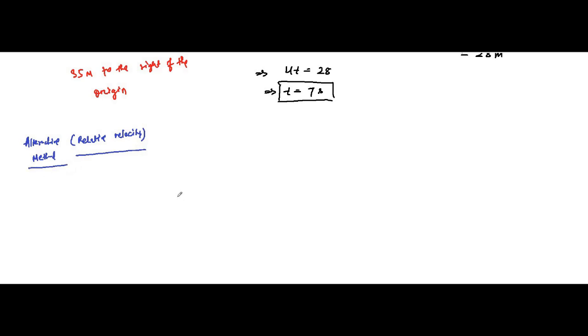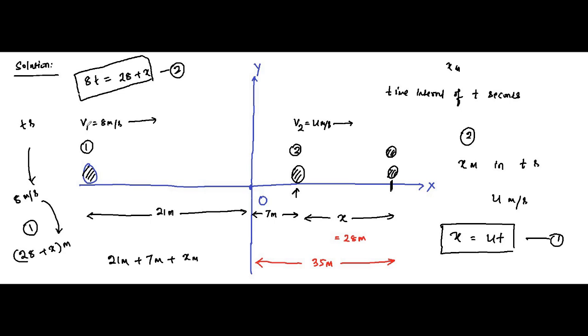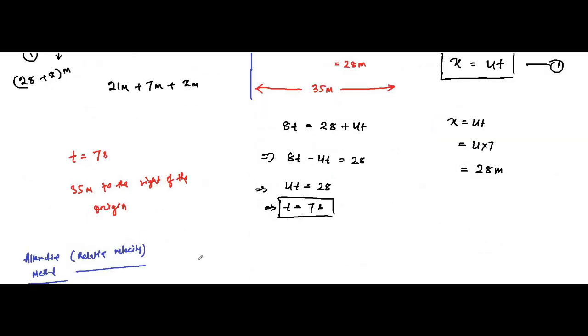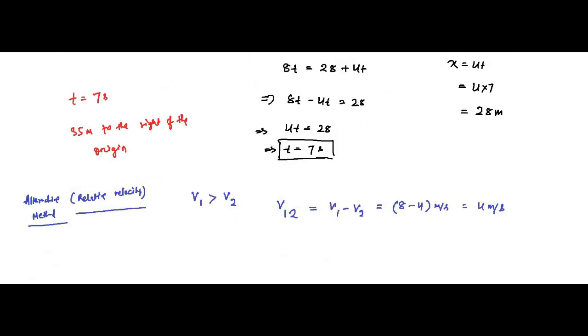Now here, if we say V1 is greater than V2, the velocity of particle 1 is greater than velocity of particle 2, so the relative velocity of particle 1 with respect to particle 2 is equal to V1 minus V2. I have already discussed the basic concepts related to relative velocity. That is equal to 8 minus 4 meter per second, which is equal to 4 meter per second.